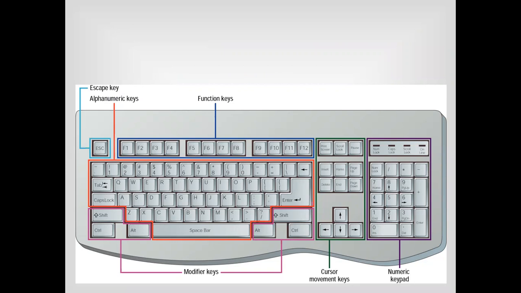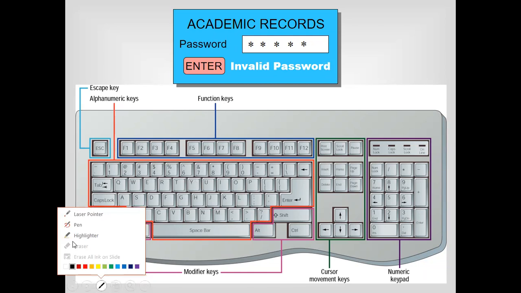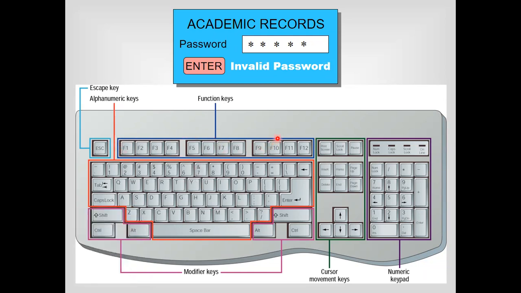This is a pictorial of a keyboard. We have function keys. You can see the line in blue there. Those are examples of function keys. Let me use my pointer. What we're seeing is this: these are function keys, and each particular function key on this keyboard is used for a special function, like from F1 all the way to F4.